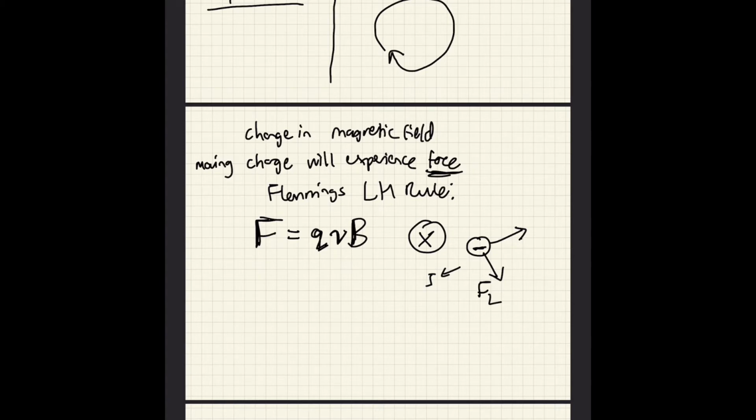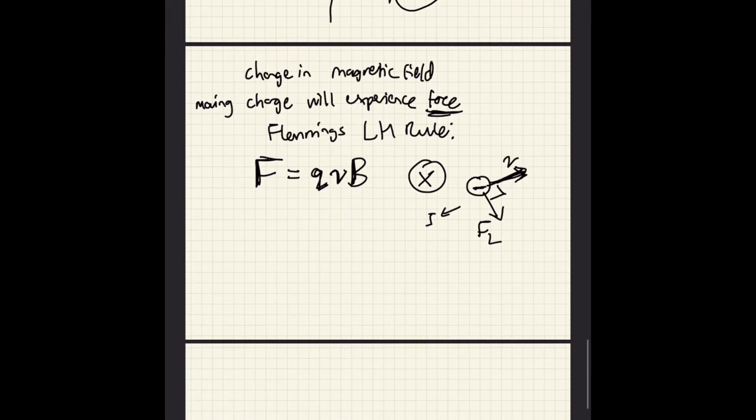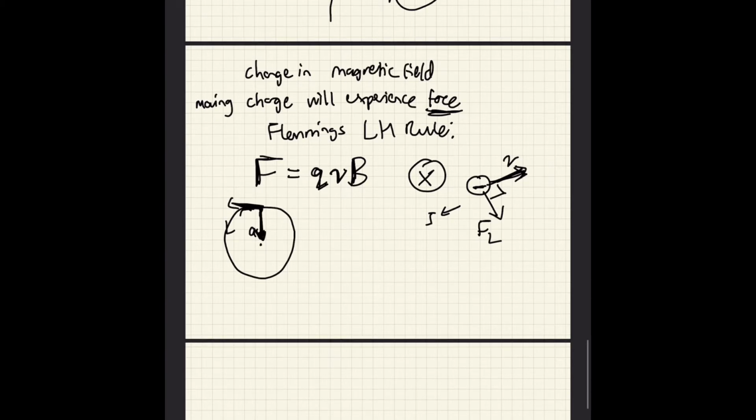Okay, now you look and see one thing. This is the direction it's moving, okay? But the force is perpendicular to the direction of motion. What does that mean? Well, remember when you have centripetal motion, circular motion, the acceleration, which is the same direction as the force, is usually parallel to the radius of the circle. It points towards the center of the circle, so it's parallel to the radius, okay?